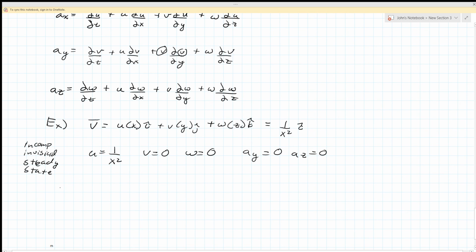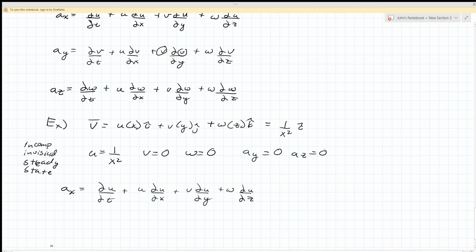So ax is equal to partial u, partial t, plus u partial u partial x, plus v partial u partial y, plus w partial u partial z.